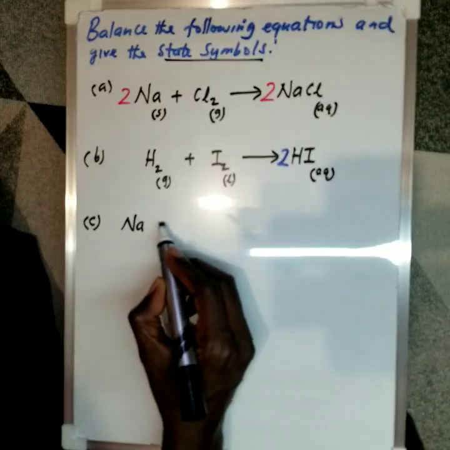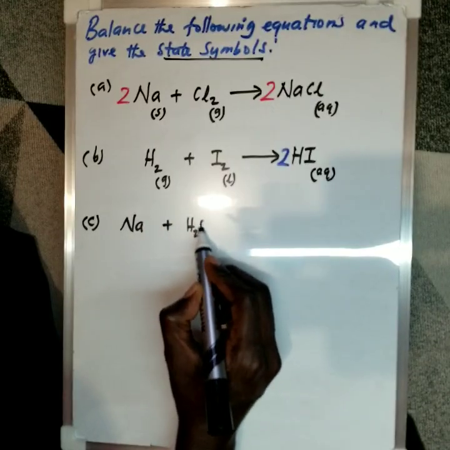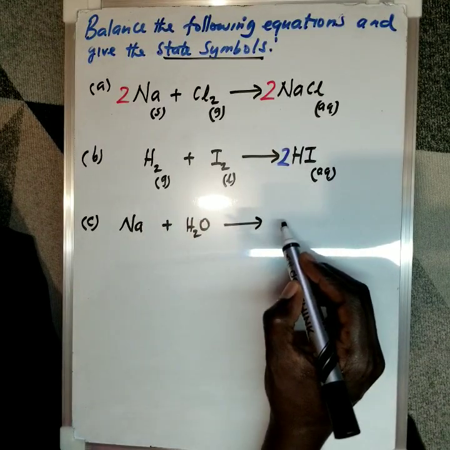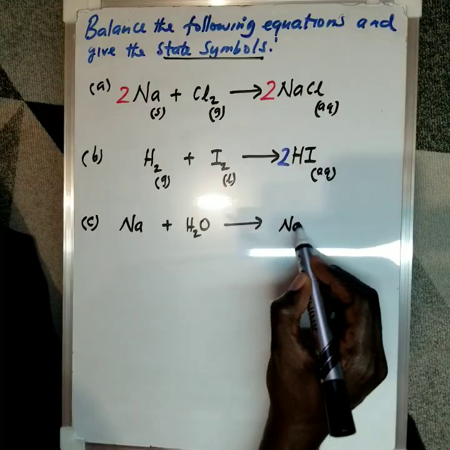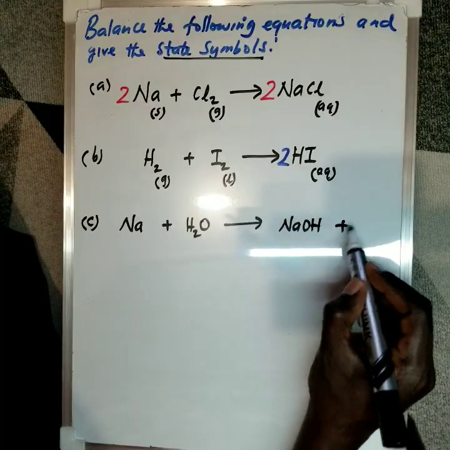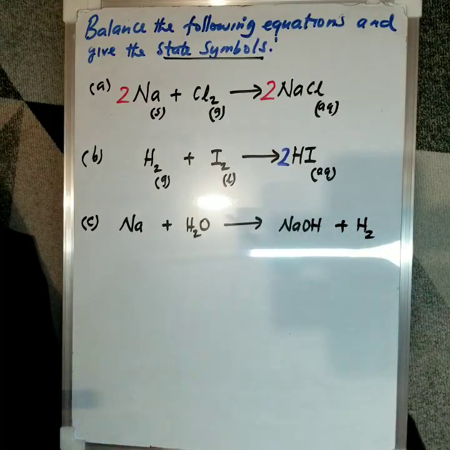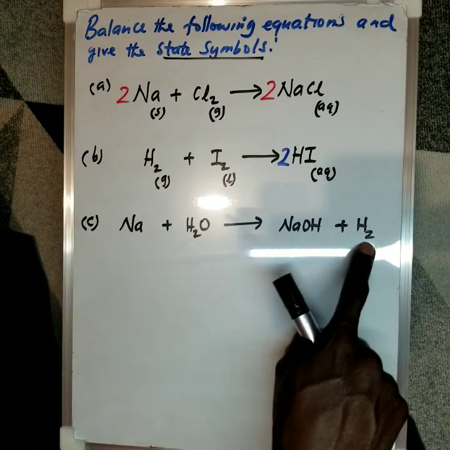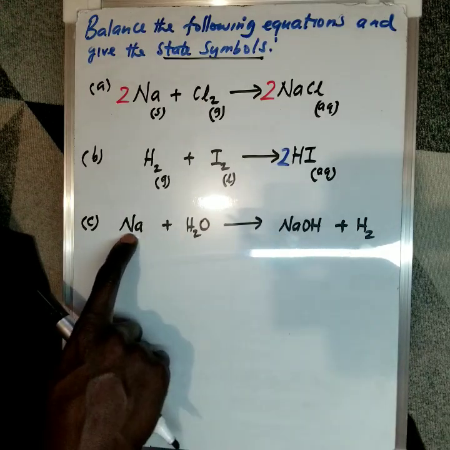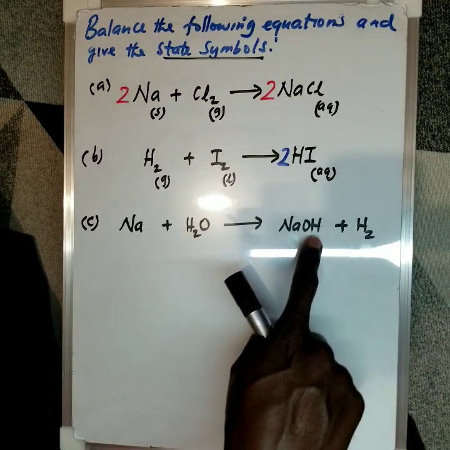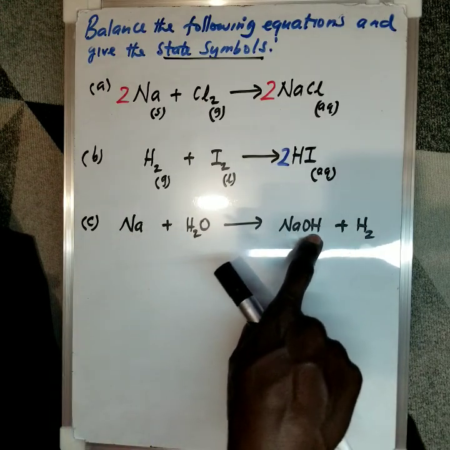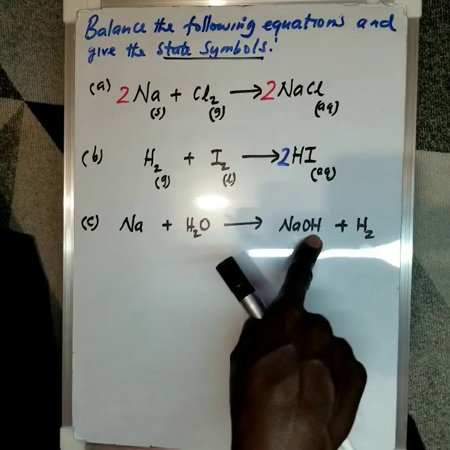Suppose again you have sodium reacting with H2O, and in this case it produces sodium hydroxide. Then a gas is going to be liberated, which is hydrogen. Now we're able to balance up this equation. If you notice, there is 1 sodium, 1 sodium, but the number of hydrogen there is actually not balanced.